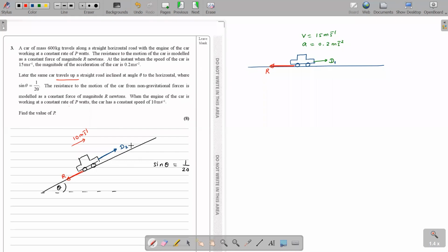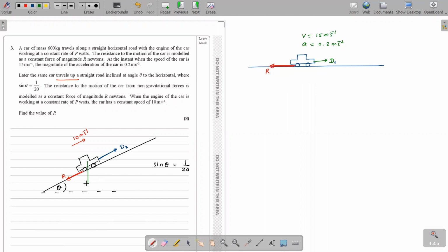Let's mark all the forces. They are asking you to find the value of P. To find it, you need to use the information from both diagrams and create two simultaneous equations. My force diagram for the first is complete, just the weight and normal reaction, which is not necessary since we consider only the horizontal forces. However, in the inclined plane you need to consider all the forces.